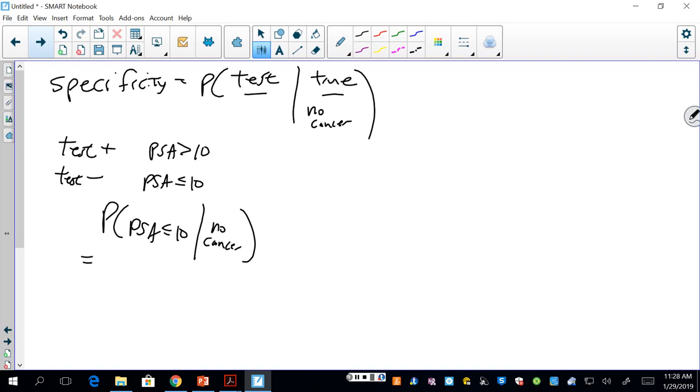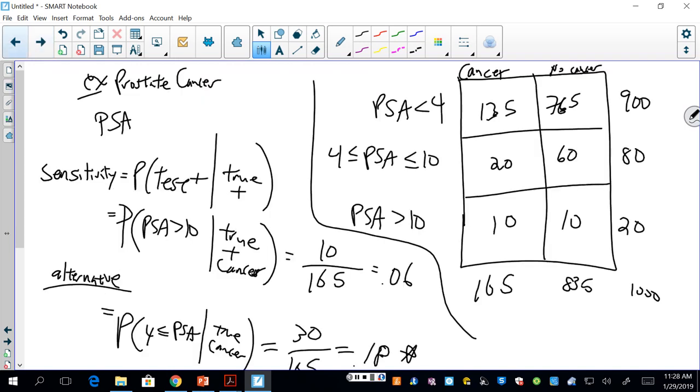So from this table, there were 835 with no cancer. Going back one page. So there's 835 with no cancer. With that strict test that says PSA has to be above 10 to be called a diagnosis.